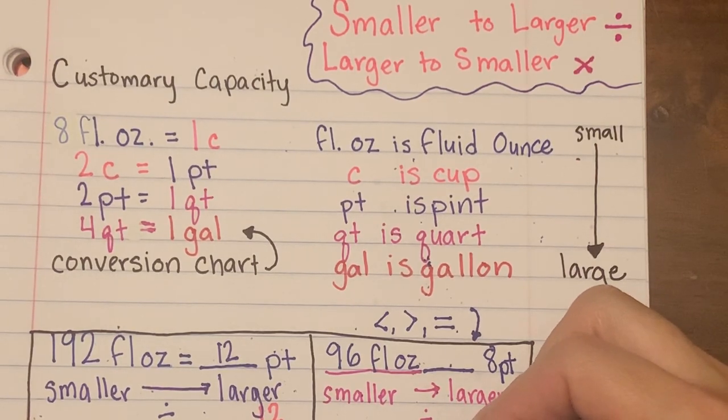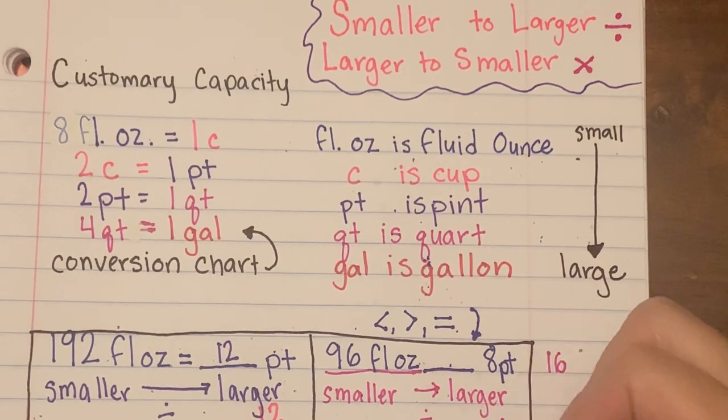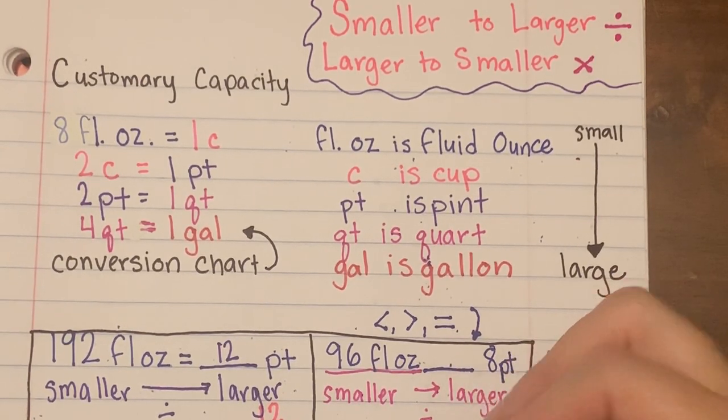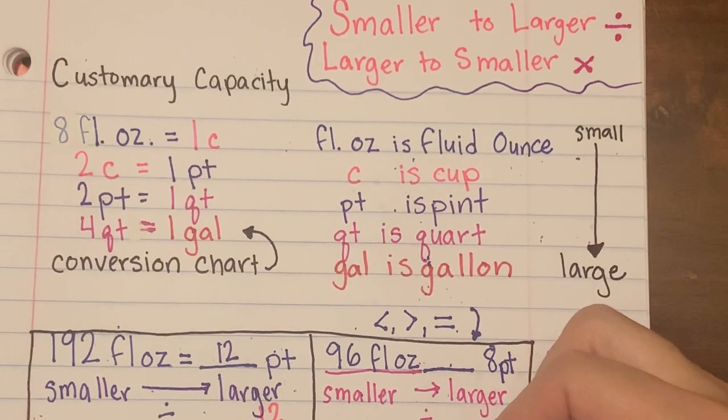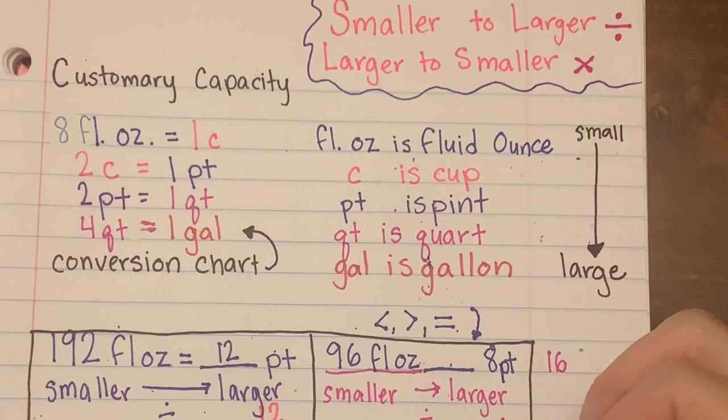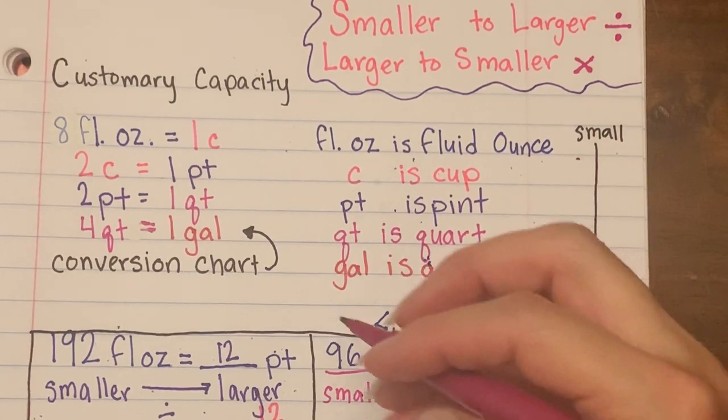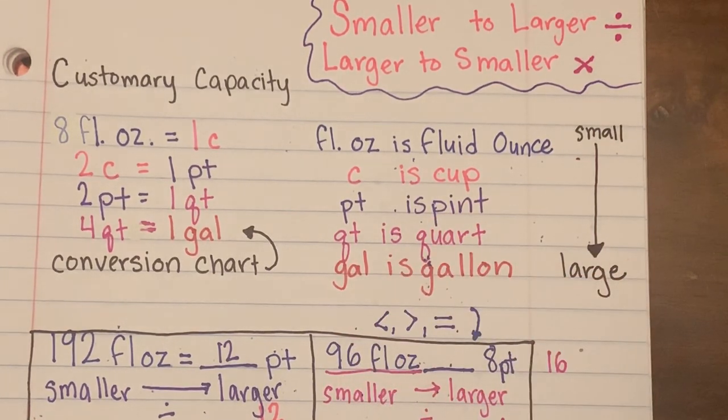So if I put my little 3 up here, 6 times 1 is 6 plus 3 is 9. So 16 goes into 96 6 times. So over here, I know that it would be 6 pints. Okay, so up here, we'll get to that. So I have 6 pints.